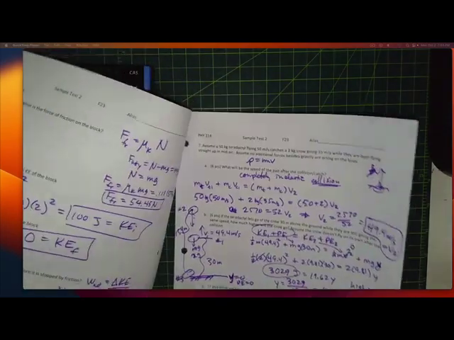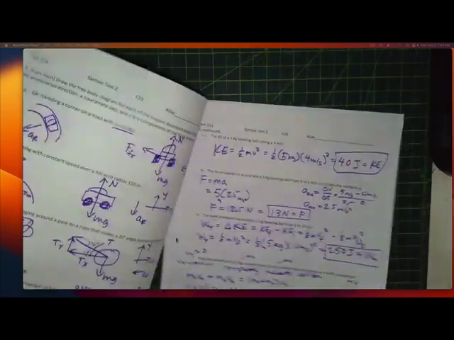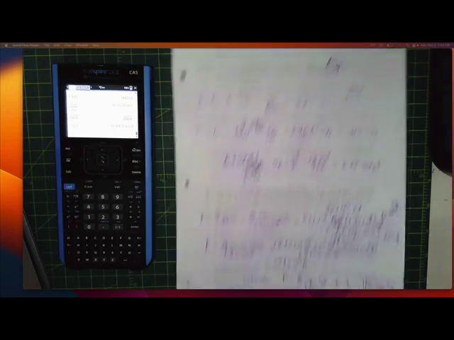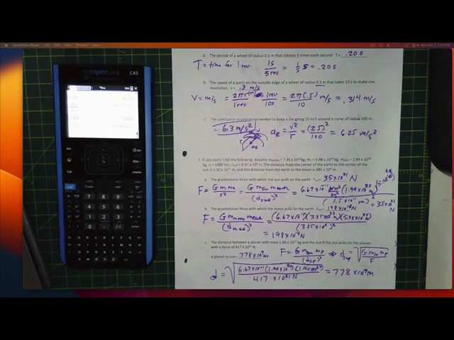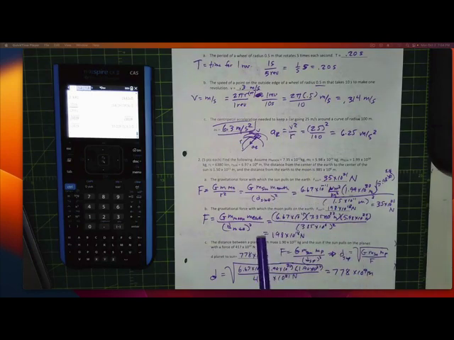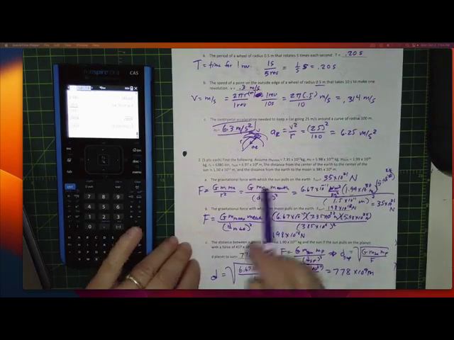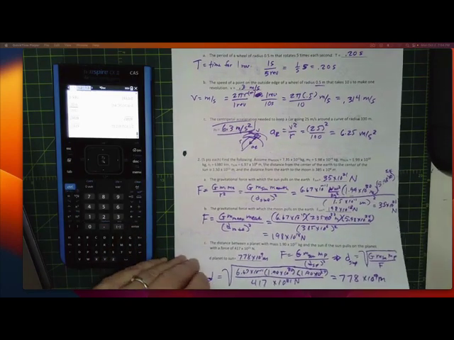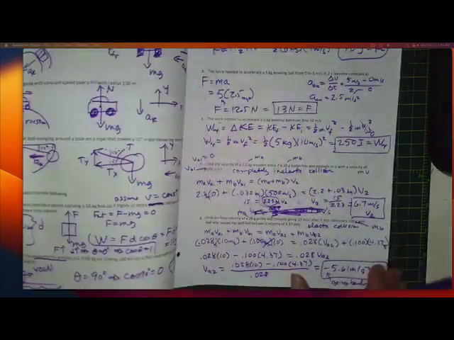Oh, and that's the end of the sample test. Alright, so hopefully that gives you a good idea of the kinds of things. We've got circular motion problems where we have to remember a equals v squared over r, a few new definitions in terms of velocity. We have some problems with gravity, our gravity equation.